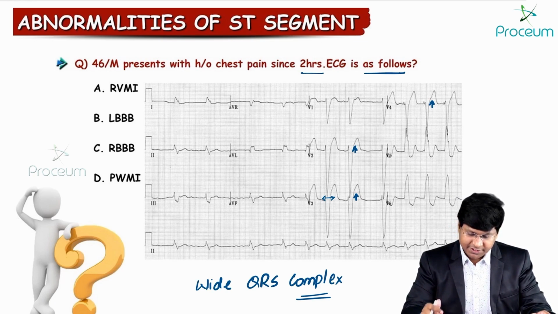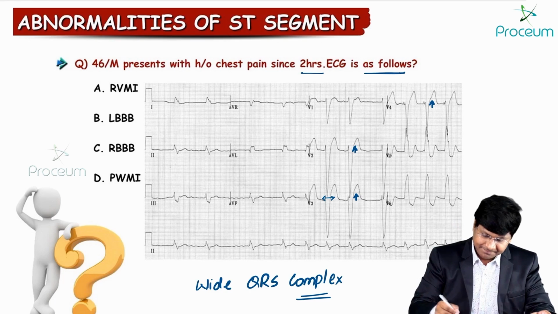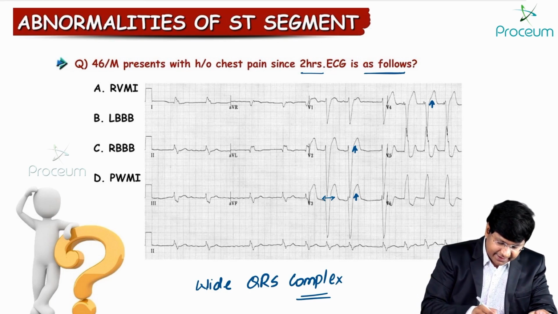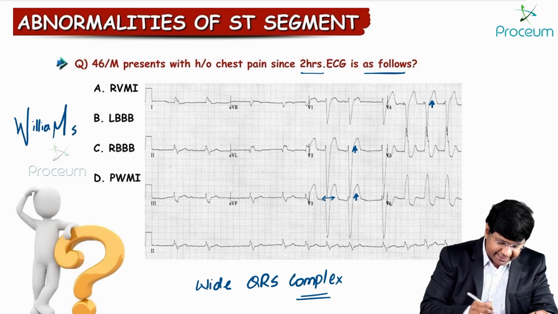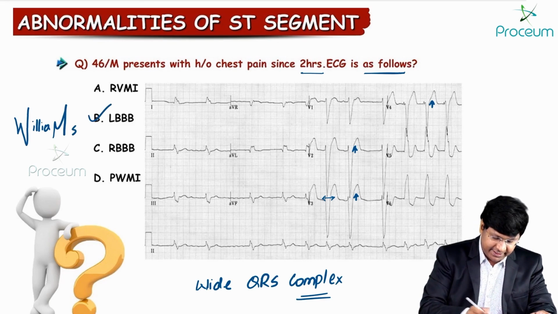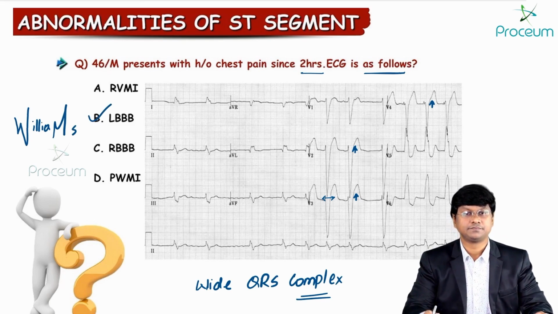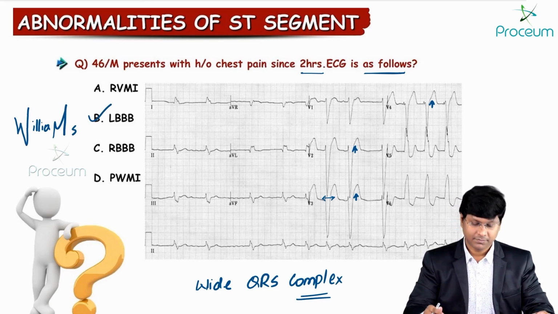If you take this pattern, you have what is called the Williams pattern. Where do you have that Williams pattern? You will have this in case of left bundle branch block.